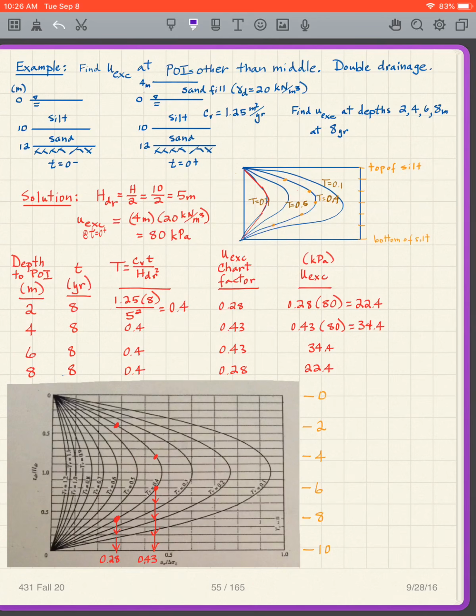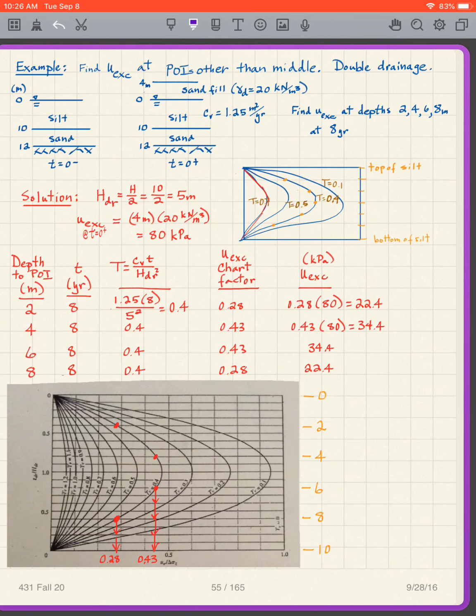In this particular case, I've got the actual curves here. I'm going to use this curve, which is T equals 0.4. Now there's my top of the silt, there's my bottom of the silt, and I'm going to break it up to scale.